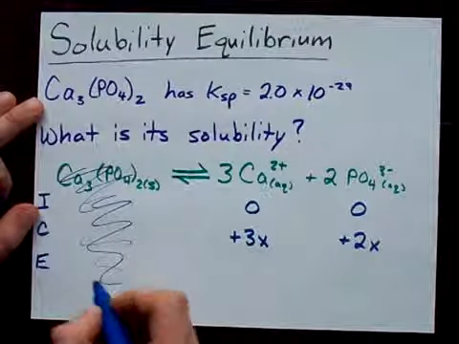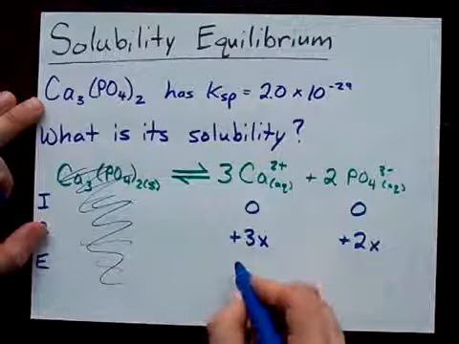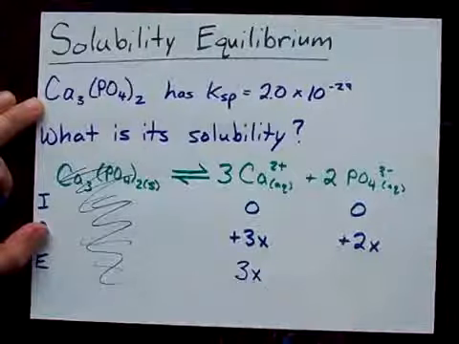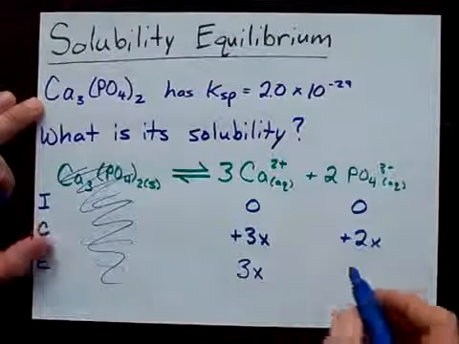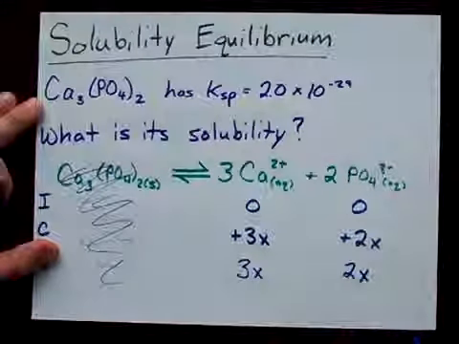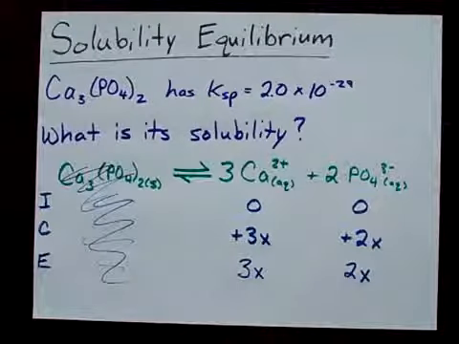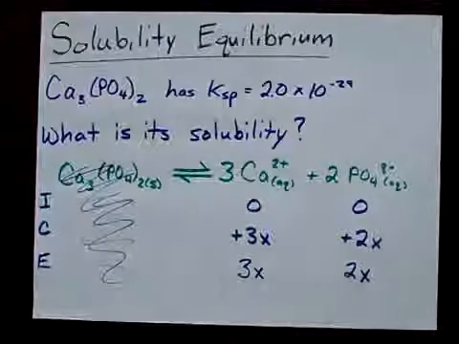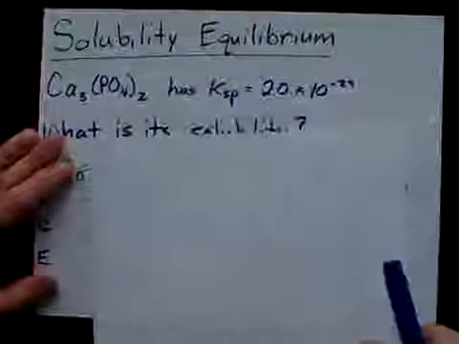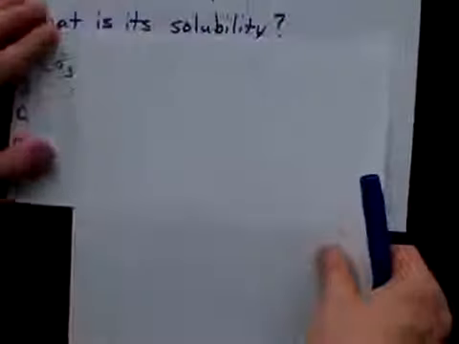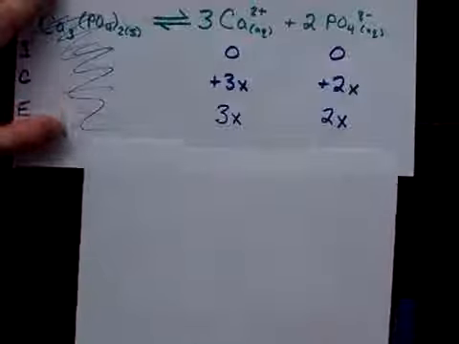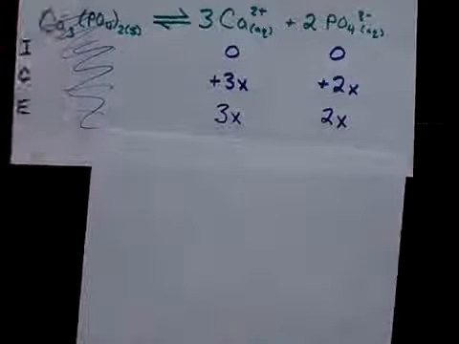So my equilibrium concentration of calcium is 3x moles per liter, and my equilibrium concentration of phosphate is 2x. Why does this matter? Well, because we were given K, the equilibrium constant of 2 times 10 to the minus 29, we can use these concentrations in a Ksp expression and solve for X.